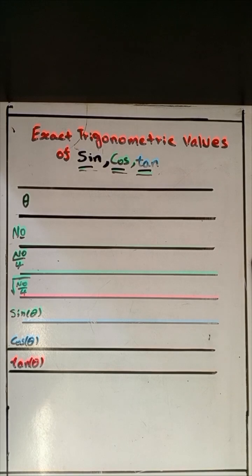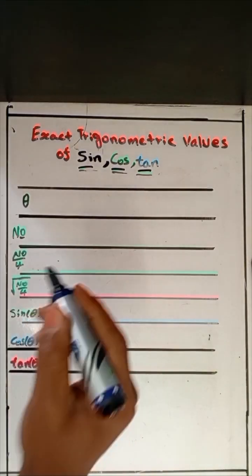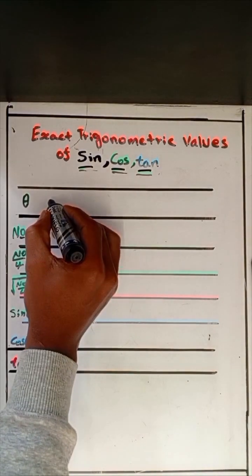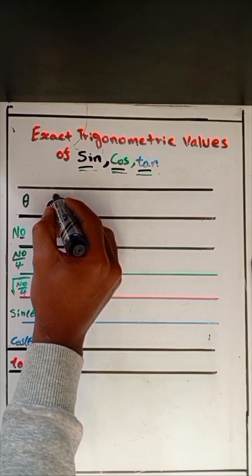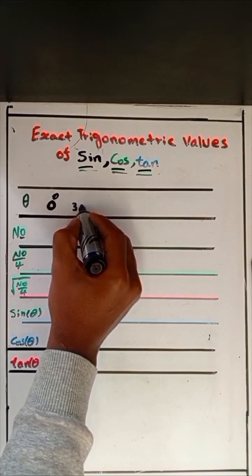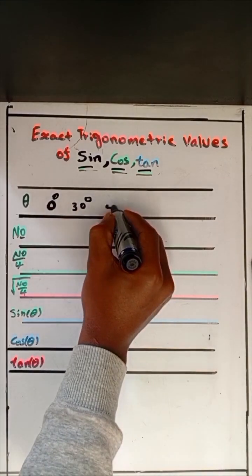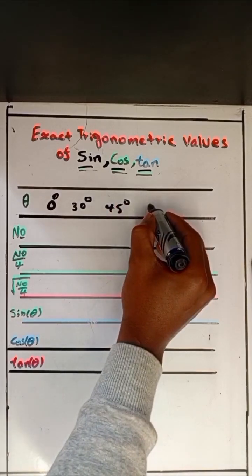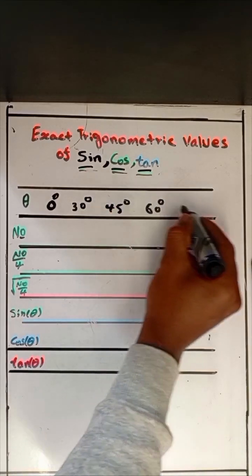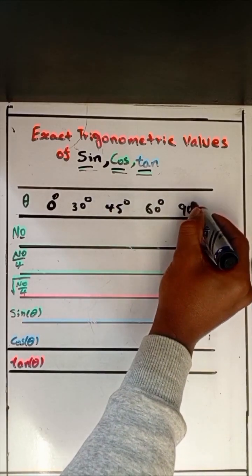The first step is you have to list the degrees: 0 degree, 30 degree, 45 degree, 60 degree and 90 degree.